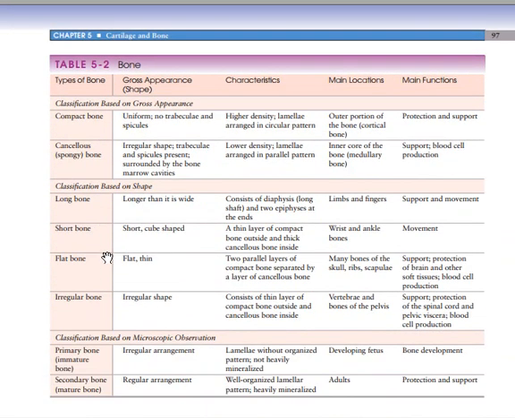Now if you want a brief summary on the bones, just pause, and you see that the bones are classified by gross aspect into compact bone and cancellous bone. Then you see the characteristics. Then you have classification based on shape: long bone, short bone, flat bone, irregular bone.